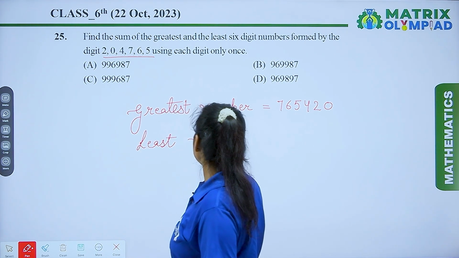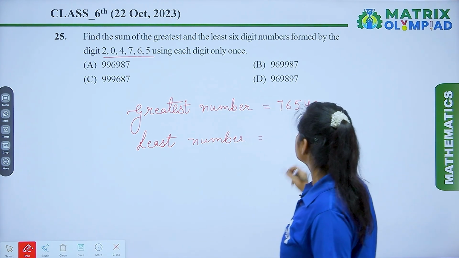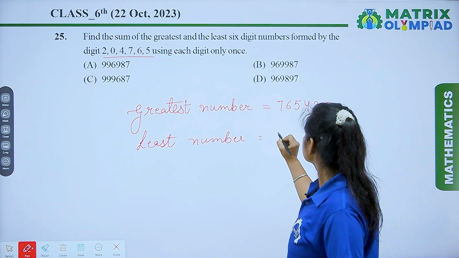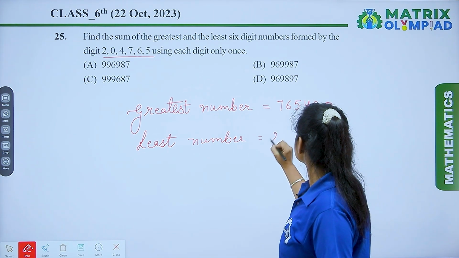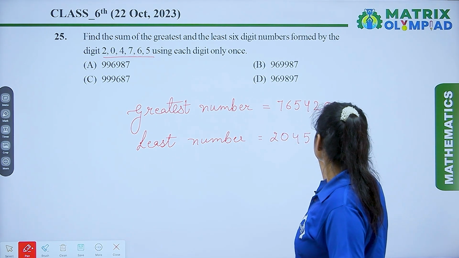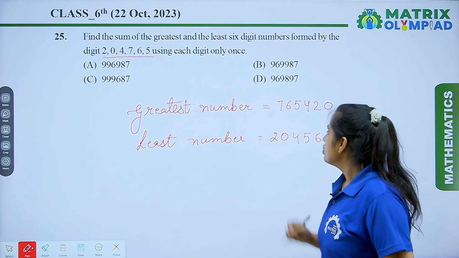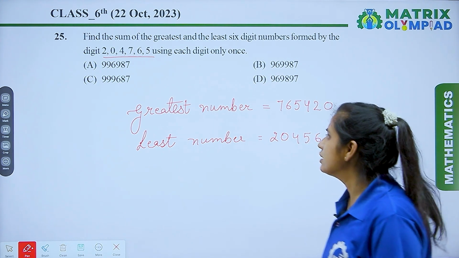Next is the least number formed by the given digits. So here we have the smallest number and the greatest number.